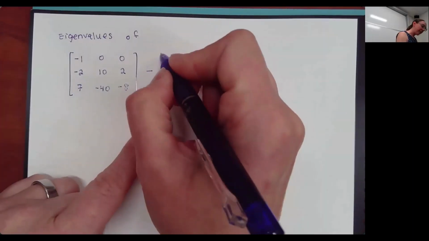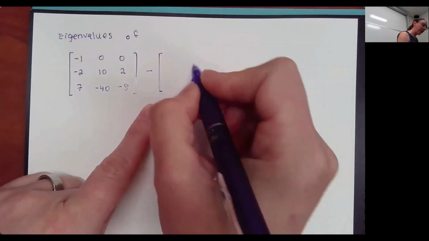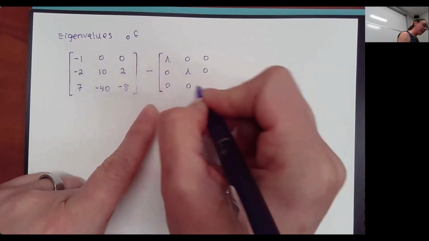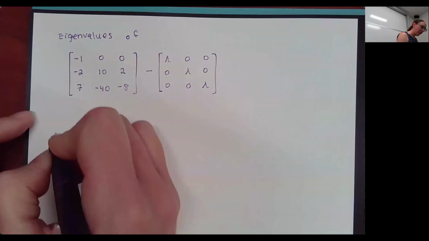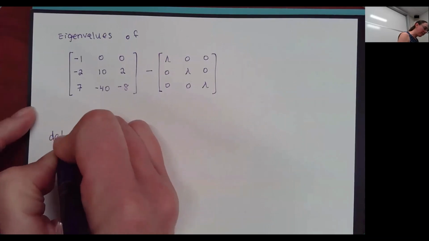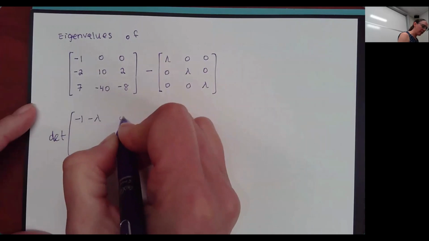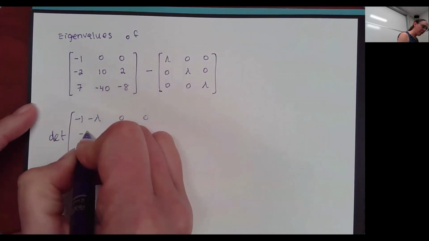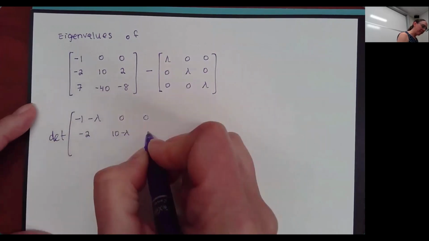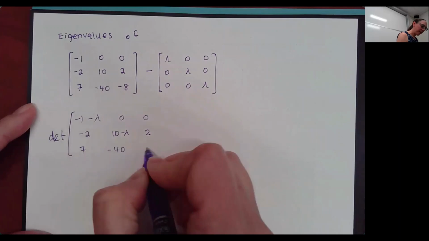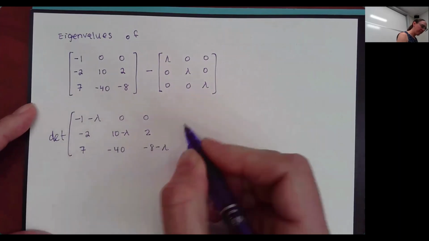By subtracting off my lambda I matrix, I know that I'm looking to find the determinant of -1 minus lambda, 0, 0; -2, 10 minus lambda, 2; 7, -40, -8 minus lambda.